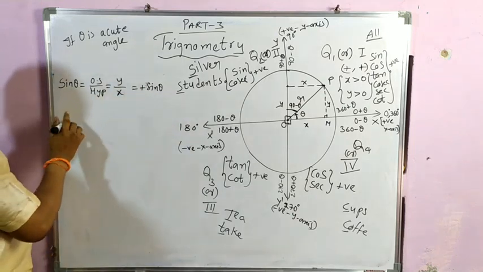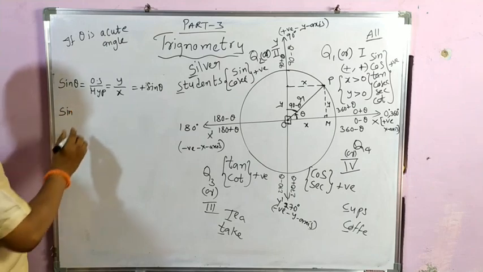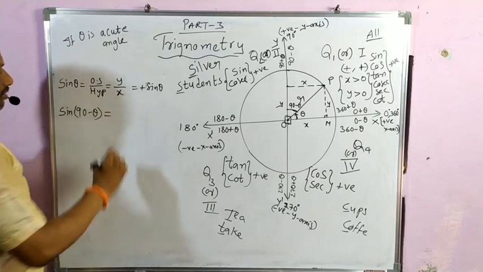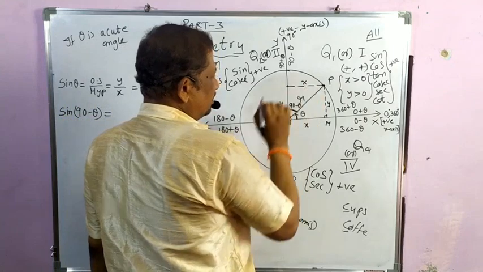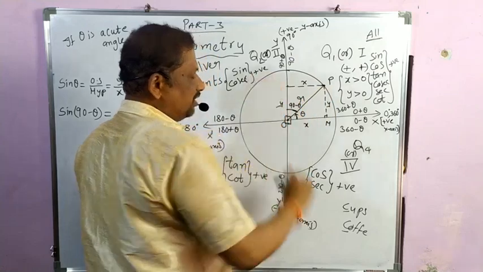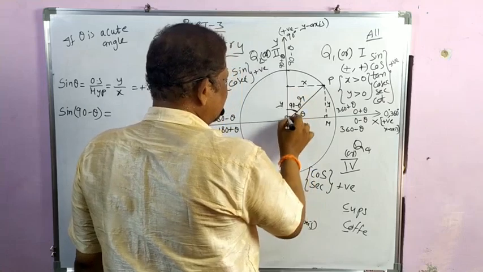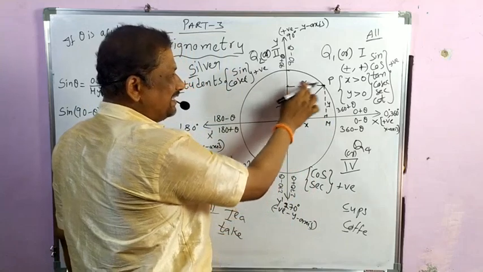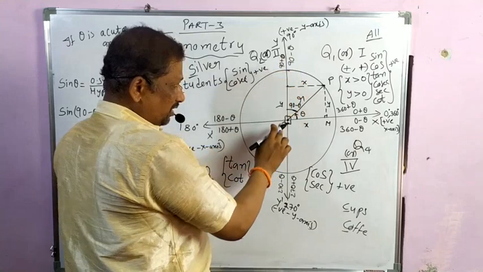So take sine of 90 minus theta. Sine 90 minus theta means the opposite to this angle is x, and this is the hypotenuse. There is no change in the hypotenuse. This is the adjacent side. Now the opposite side here becomes the adjacent side for 90 minus theta. Here y is becoming adjacent in this triangle, and x is becoming the opposite side. Clear?